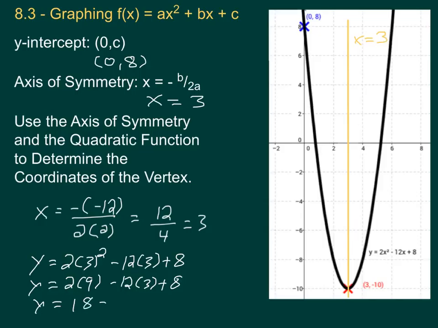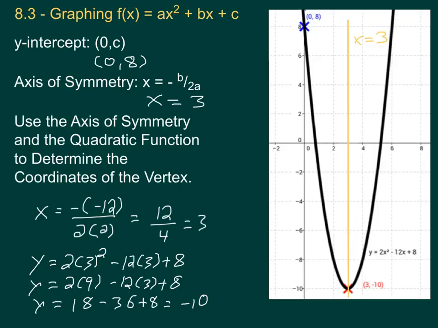That's 18 minus 36 plus 8. And then do addition and subtraction from left to right. 18 minus 36 is negative 18. Negative 18 plus 8 is, in fact, negative 10, which matches up to this point right here. So that's how I would find the vertex, which is the other important piece to find.